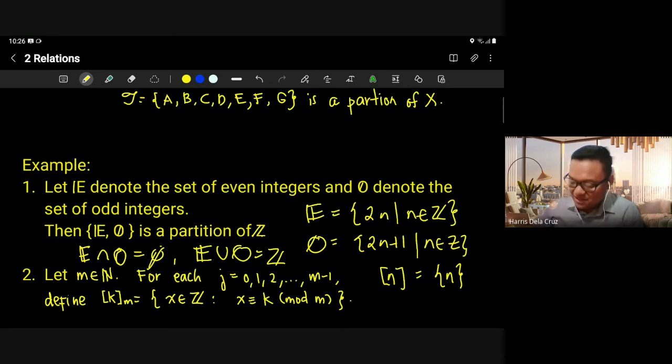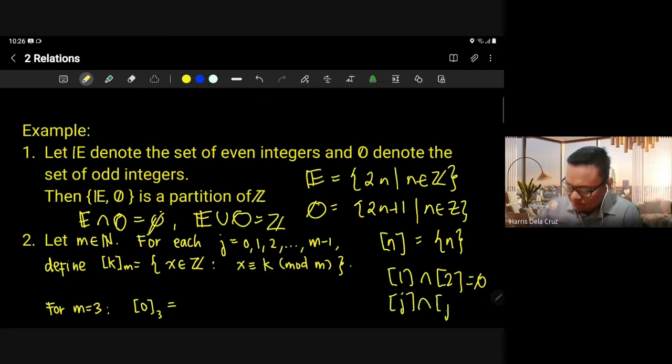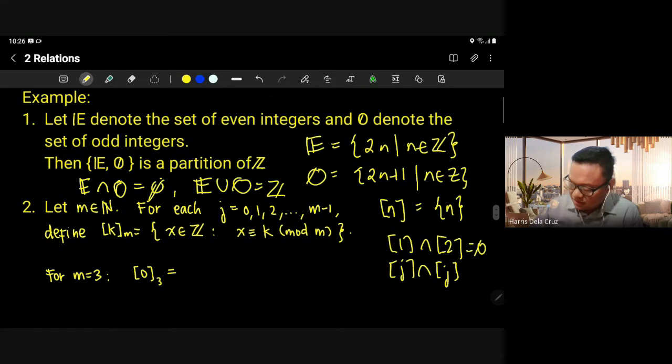If you put together all of the C sub n, the intersection of any two of them is empty. Actually, for any i and j, as long as i is not equal to j, any two elements of such a partition have an empty intersection.